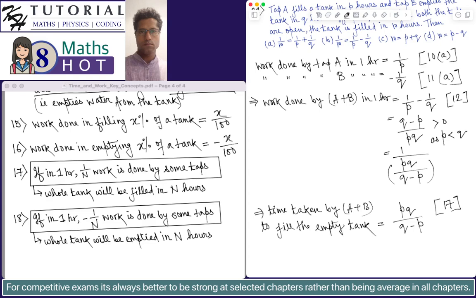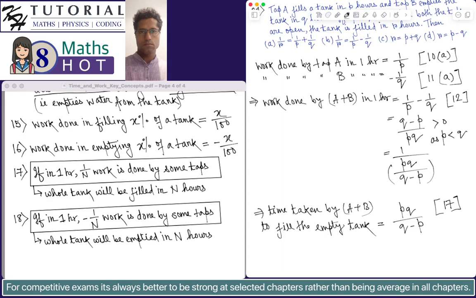Since Q minus P divided by PQ is positive, positive work is being done per hour, which means the tank is being filled up. Q minus P divided by PQ is expressed in the form of 1 by N as 1 divided by PQ by Q minus P. Then we can say that the whole tank will be filled by A plus B in PQ by Q minus P.